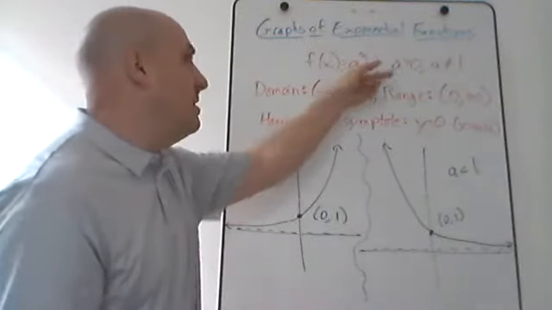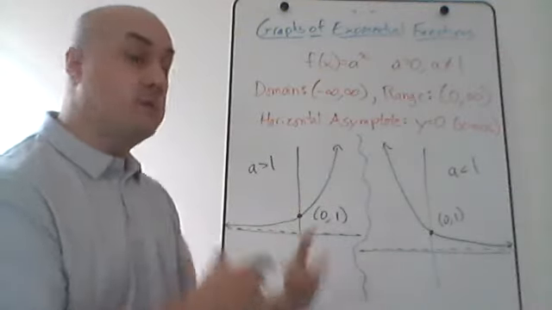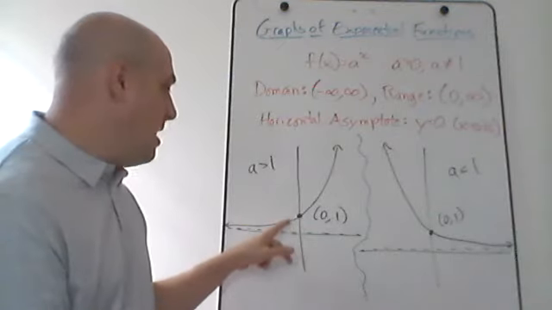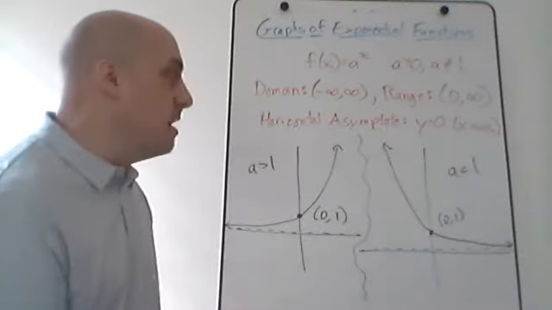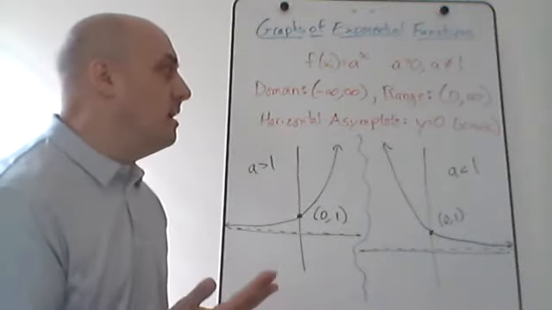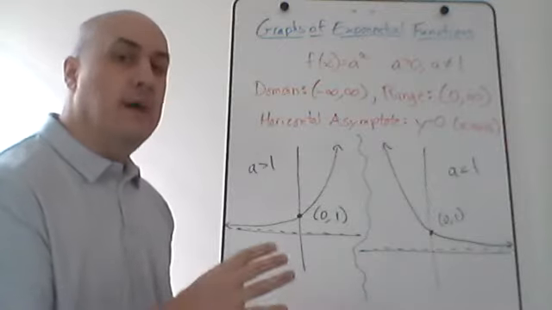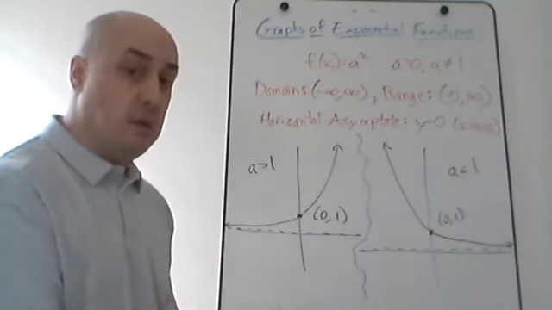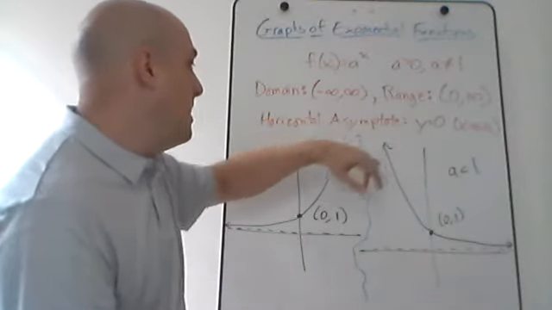So like 3 to the negative 1 power, that's not negative 3, it's 1 over 3, it's 1/3. So when I plug in negative x values, I just get fractions, and I get smaller and smaller numbers, so I never actually get a negative result. If I have a positive number raised to a power, that's never going to give me a negative result or a 0 result. It's always going to give me a positive number. So that's my domain and range.